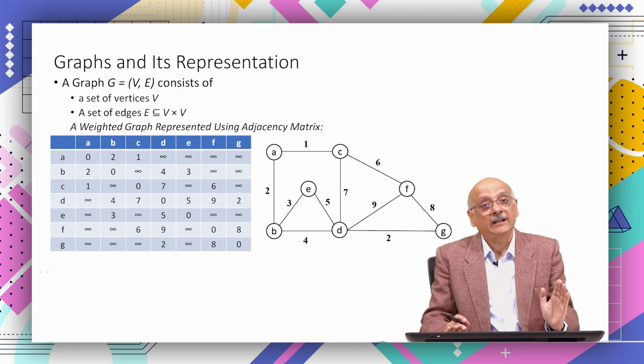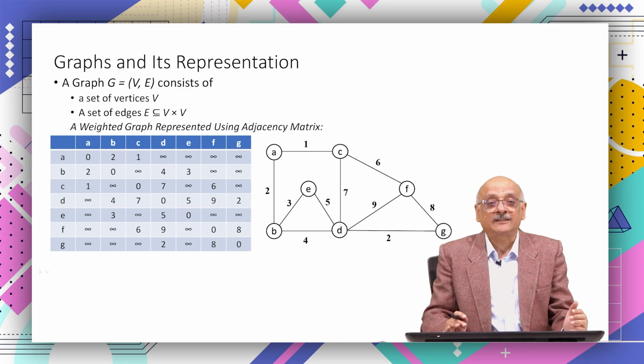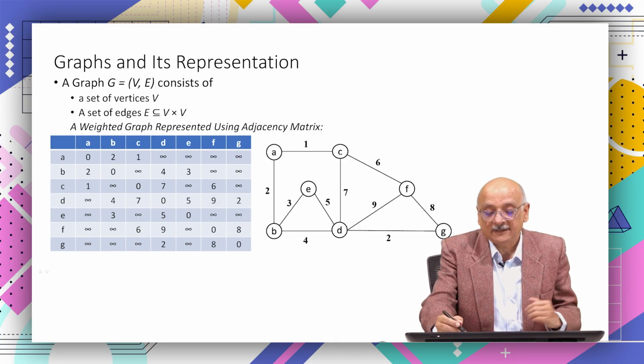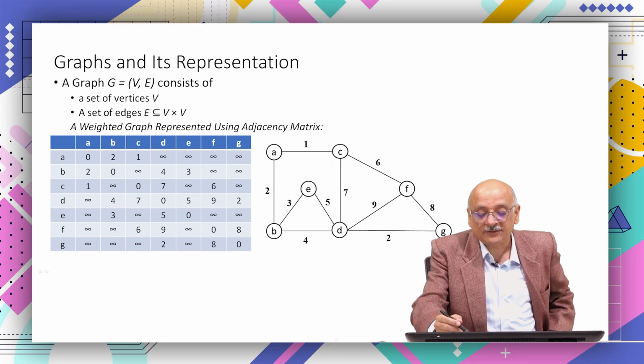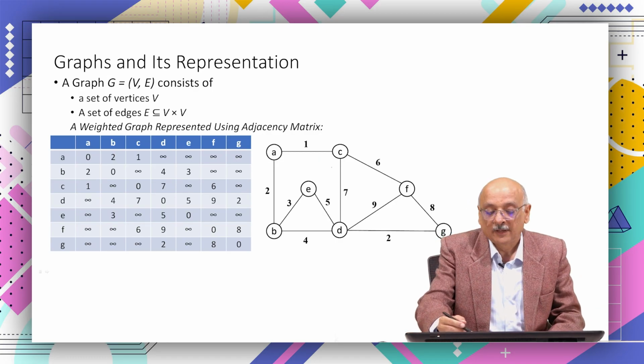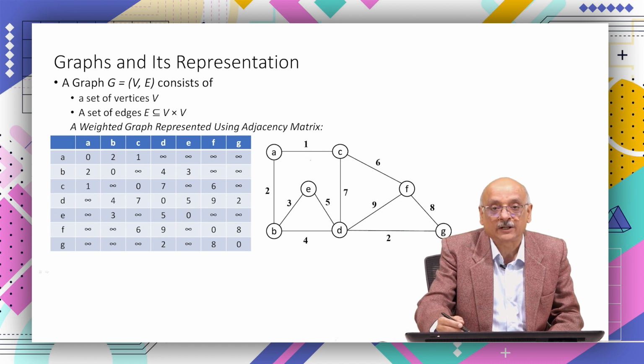We have already covered adjacency matrix representation in a previous session. However, let's take the example here. What we see is a graph which consists of 7 nodes, right? And there are a lot of edges in this particular graph.